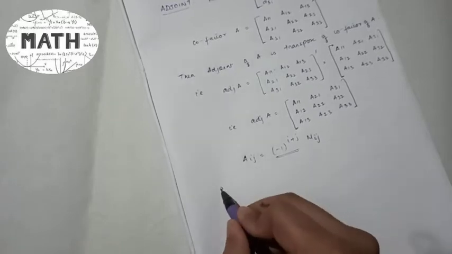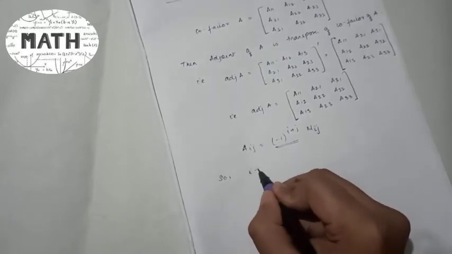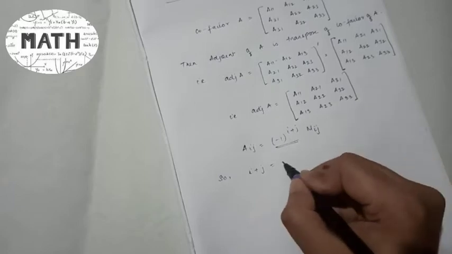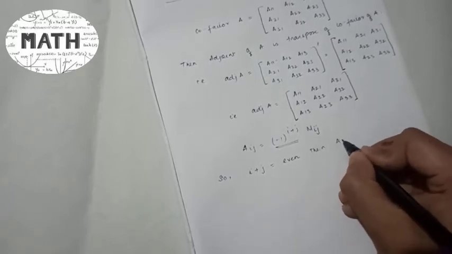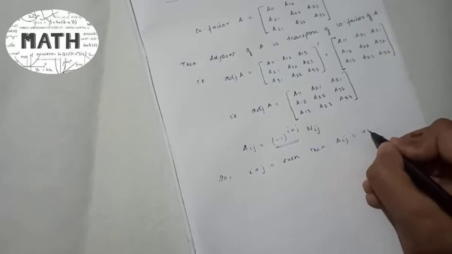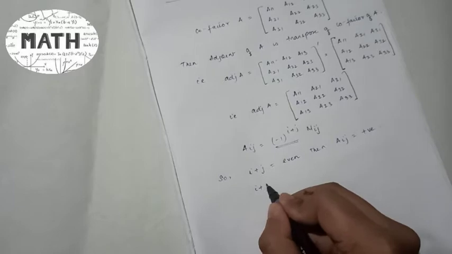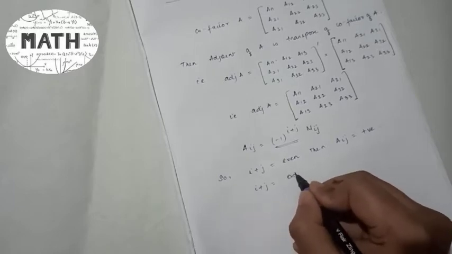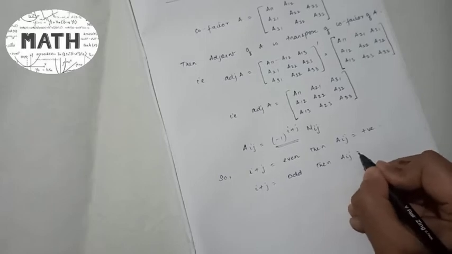I'll try to teach you in a very easy way. Whenever i plus j happens to be even, then your cofactor would always come out positive. Similarly, if i plus j comes out odd, then your cofactor would always be negative.